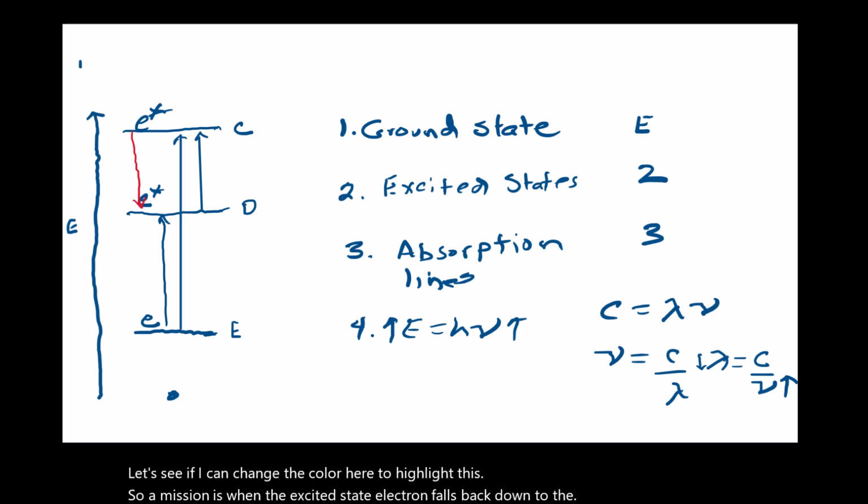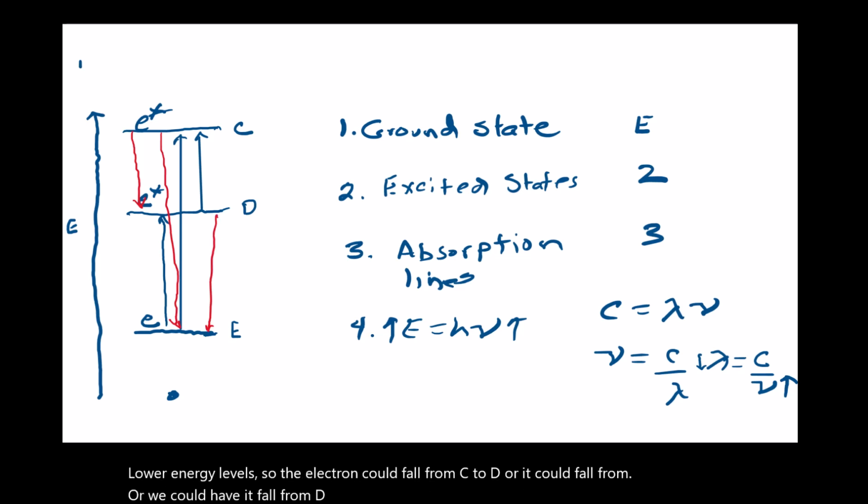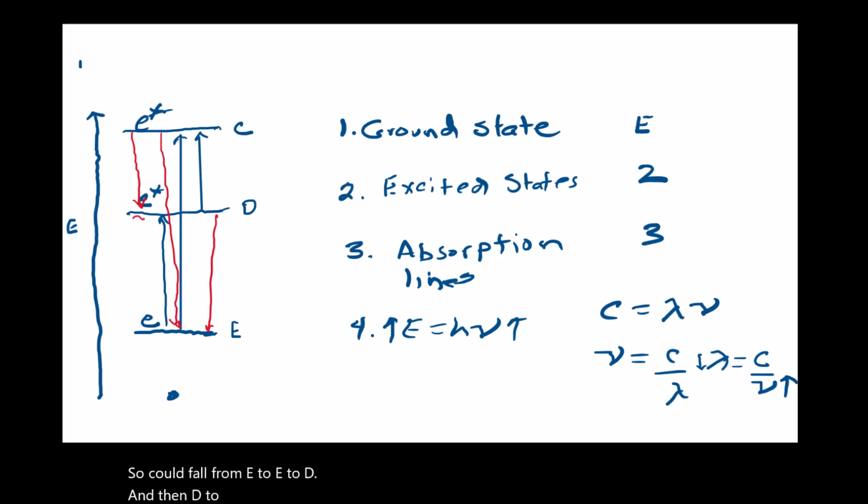So the electron could fall from C to D, or it could fall from C to E, or we could have it fall from D to E. So the largest energy transition is from C to E for emission.